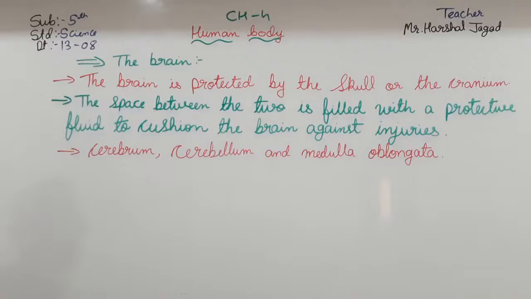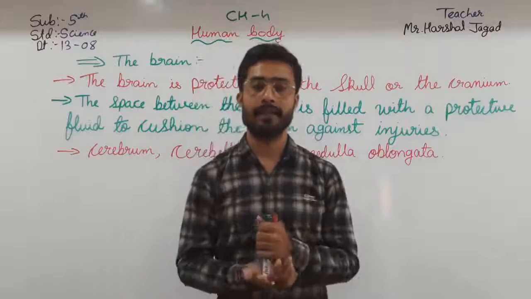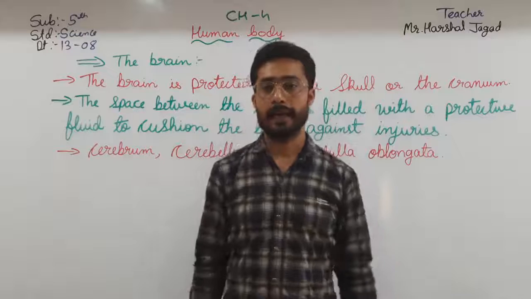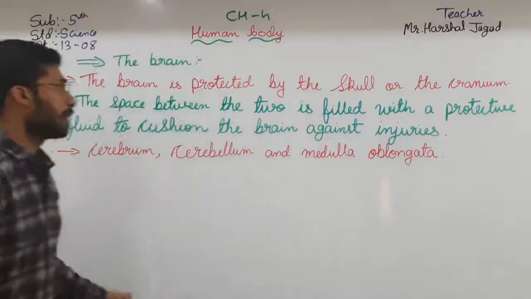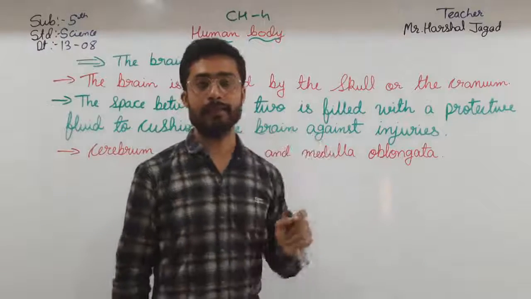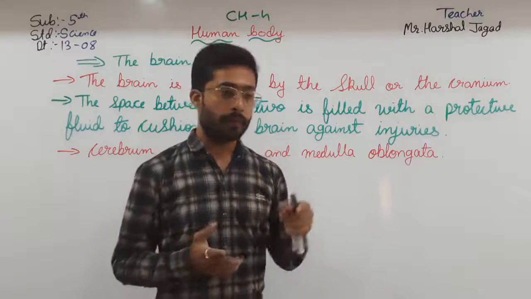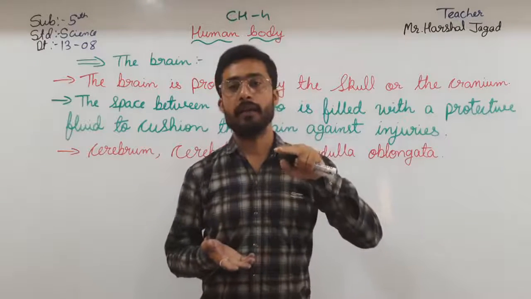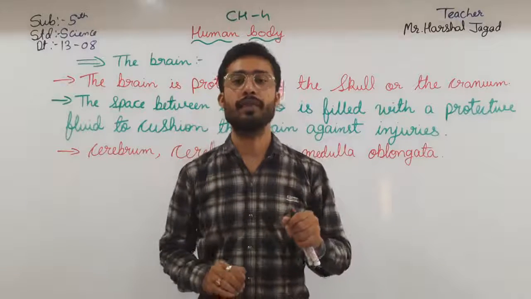If we see the introduction part of the brain, first of all the brain is protected by the skull or the cranium. Then the space between the brain and the skull is filled with a liquid. Why? If there is an injury, the liquid will absorb that injury and it won't reach the brain.